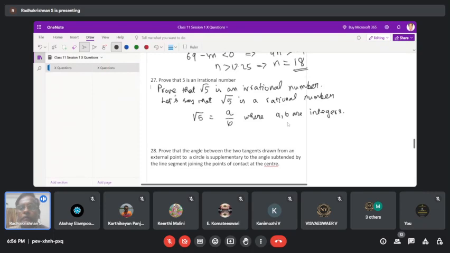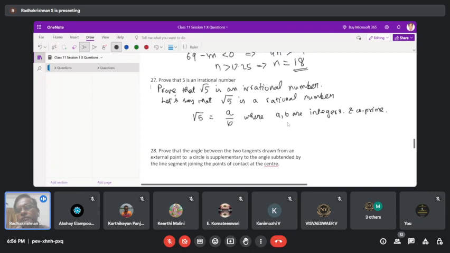If there is a common factor, we can always cut it out and then make those a and b co-prime. So what is co-prime? Two numbers are co-prime if we simplify to the maximum extent, so there is no other common factor between a and b.